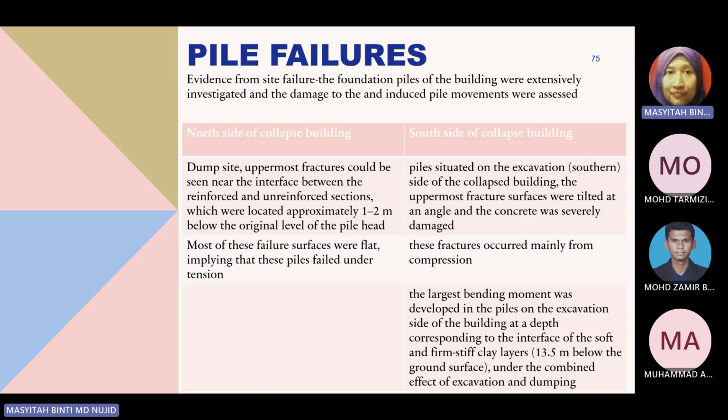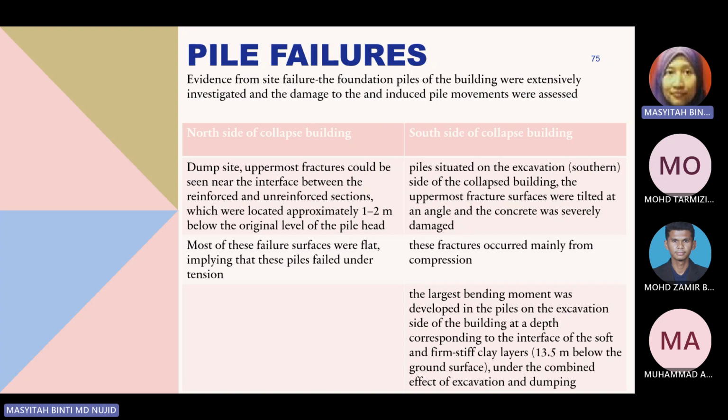And then at the south side, the piles situated on the excavation side of the collapsed building, so the uppermost fracture surfaces were tilted at an angle and the concrete was severely damaged. So these fractures occurred mainly from compression. So nampak they are taken by two different. So kalau kita analyse on the beam pun, some beam akan ada section yang mengalami tension, the other side dia akan mengalami compression.